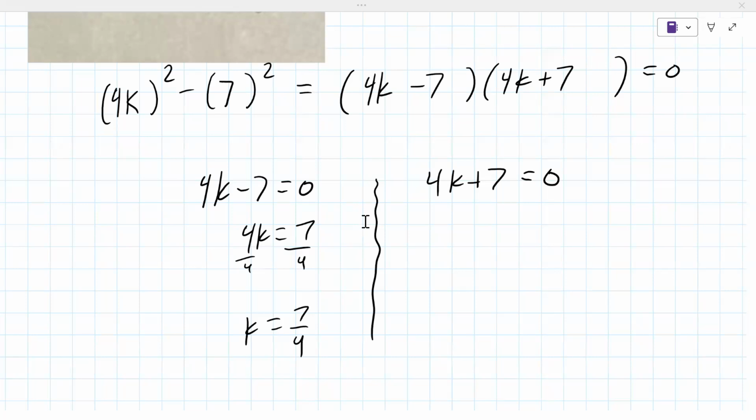Nope. It's almost identical to what you did over here. There's only one difference between the two equations, and that's this minus instead of a plus.